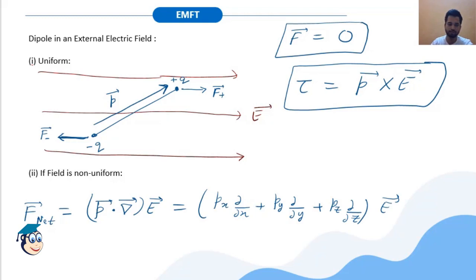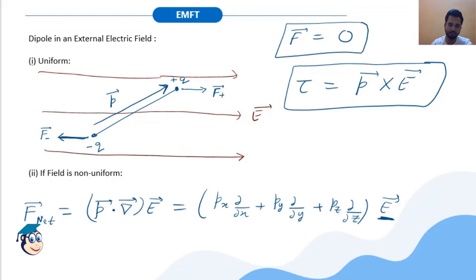Okay, so you will get three components of force, Fx, Fy, and Fz, depending on the components of the electric field. That force in general is not zero. In a particular case this force could be zero, but in general, the force on a dipole in a non-uniform field is not zero.